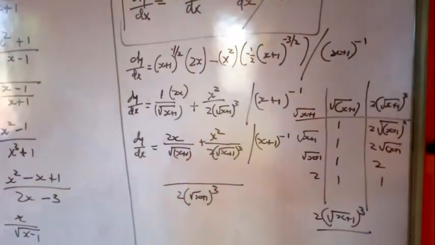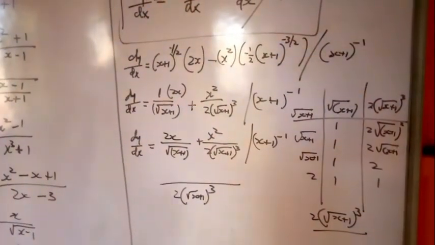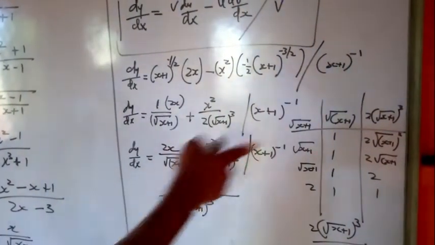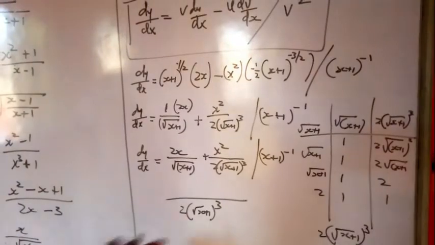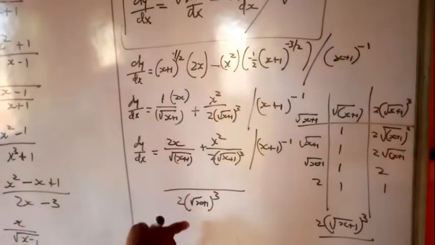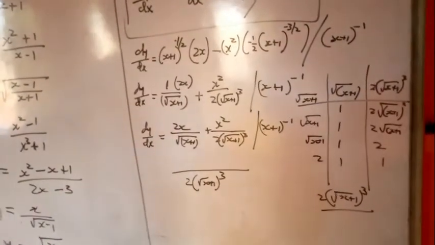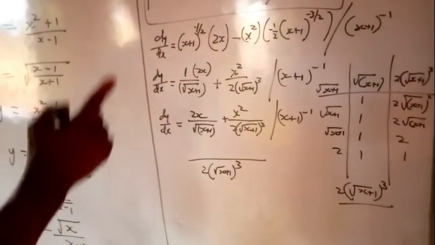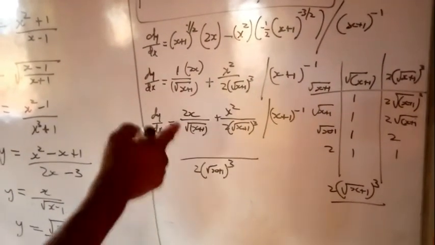Now, just like before, this denominator will go into 2 root x plus 1 raised to power 3, and the power of 2 remains: 2 root x plus 1 raised to power 2.